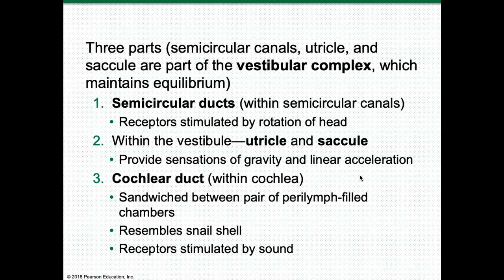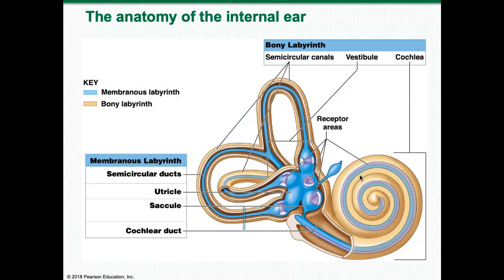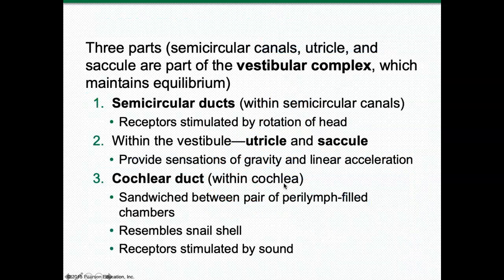Three parts, the semicircular canals, the utricle, and the saccule, are part of the vestibular complex, which maintains equilibrium. So here is our utricle and the saccule, and the semicircular ducts. These are all involved in equilibrium.